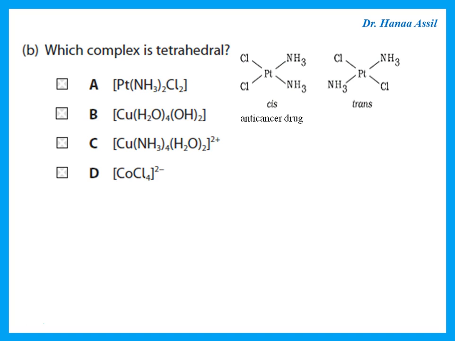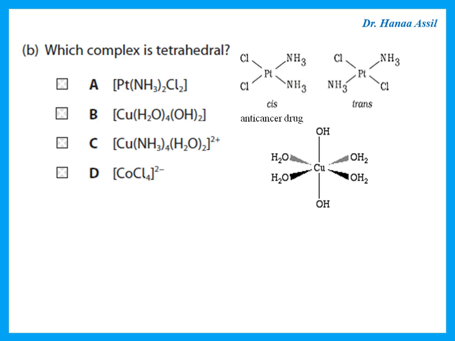But this is a complex between platinum and 4 other molecules or ions, and you should remember that this platinum complex is planar. So this is actually a square planar structure.